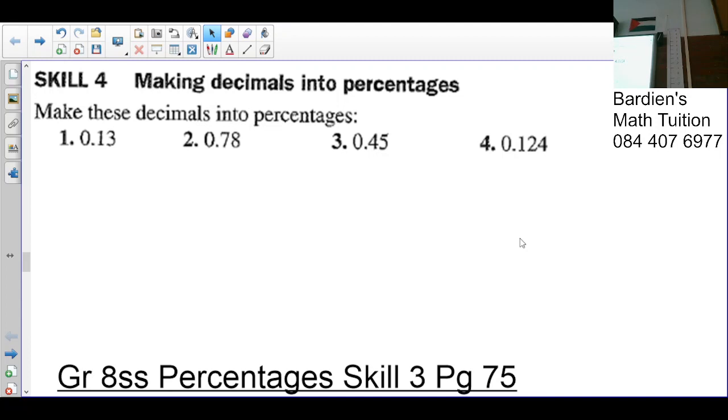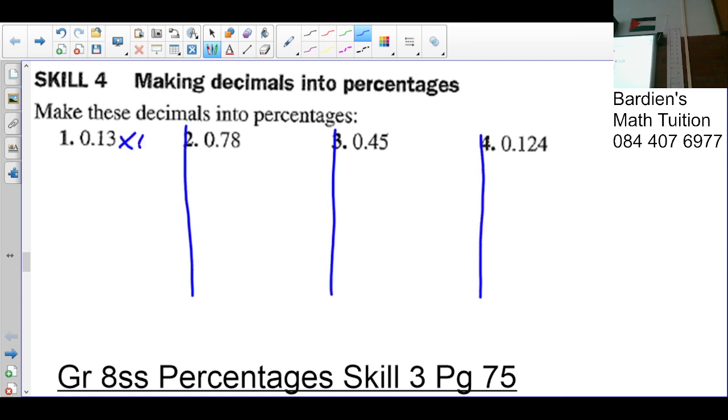Make these decimals into percentages. So what do I do here? Now we're going to multiply it by 100, not so? So what is 0.13 times 100? 13%. What is 0.878 times 100? 87.8%. Why?